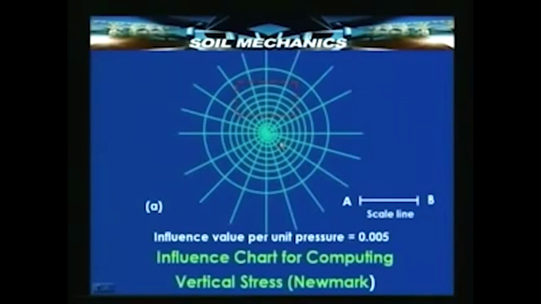Automatically, the value of R changes proportionately, and therefore a circle of a given R upon Z will continue to be representative of the same influence factor 0.005. That is the essence of Newmark's graphical chart for determining vertical stress.